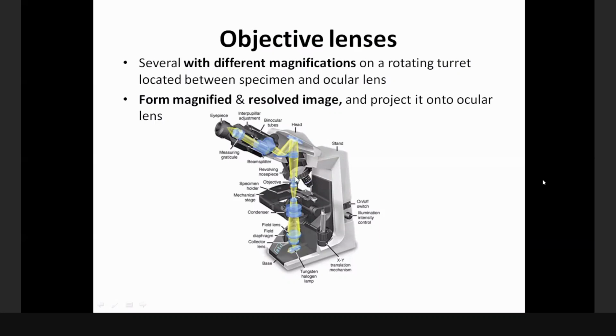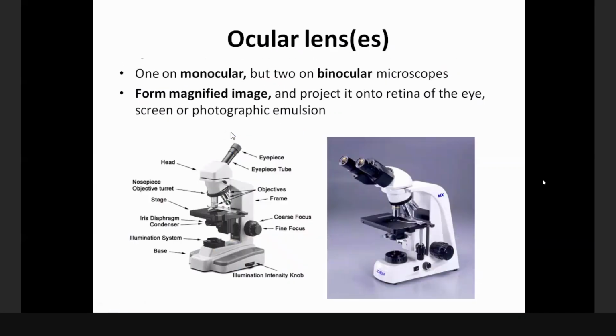And when you look through the objective lens, it forms an image of the real specimen somewhere within the tube, a magnified image. This image would then be used as an object for the next lens.